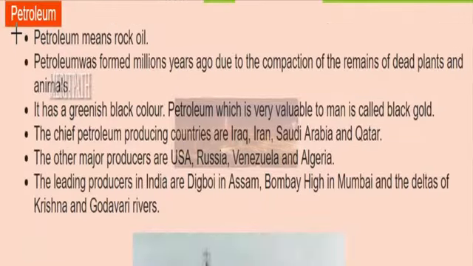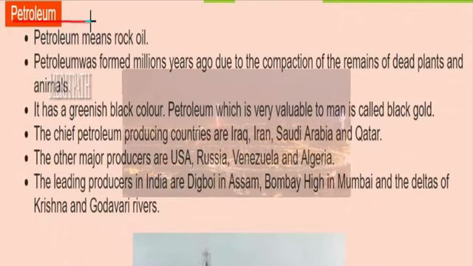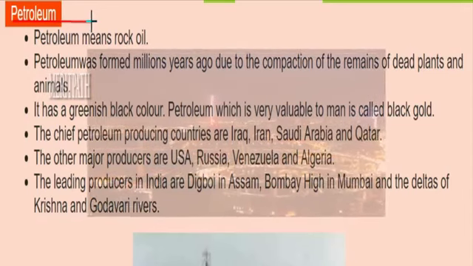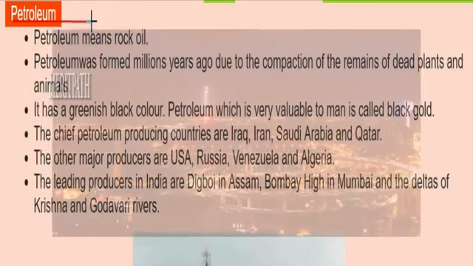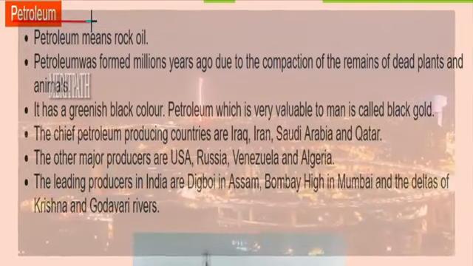Now the most useful fossil fuel is petroleum. Petroleum means rock oil. We extract petroleum from the rocks and from the seashores. Petroleum was formed millions of years ago from the remains of dead plants and animals. It has a greenish black color.